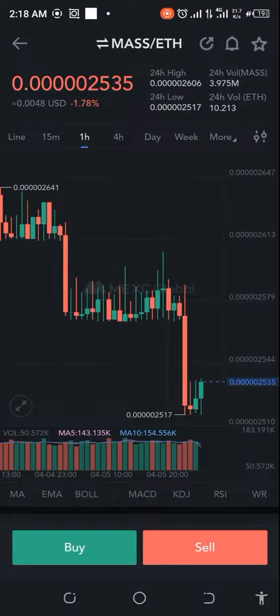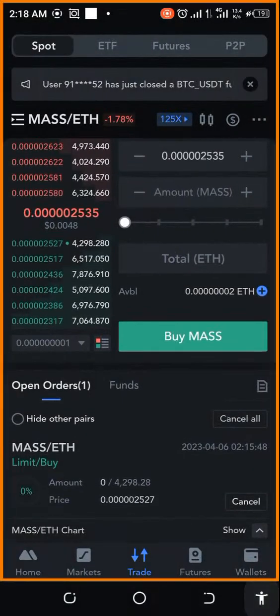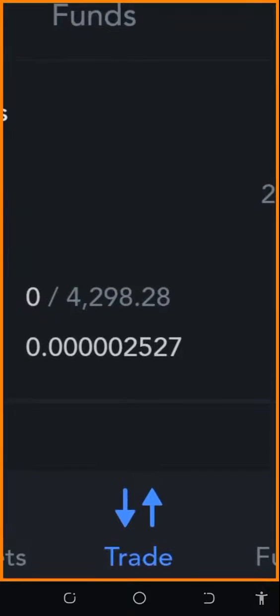What did we say? Has this gone? No, it hasn't. What we wanted to buy, we bought it at 2527. So this has to go down to 2527.